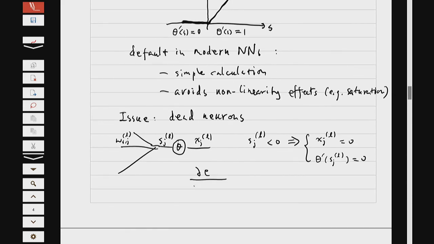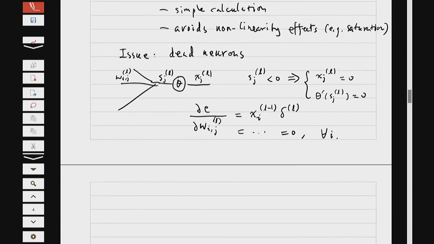So the backpropagation becomes 0. The gradient for w_ij of L equals, remember, x_i of L minus 1 times delta of L, right? Again, you plug in the formula, you see that this theta prime shows up in the formula. So this goes to 0 for all i. It turns out that in this case the weights are no longer updated, right?